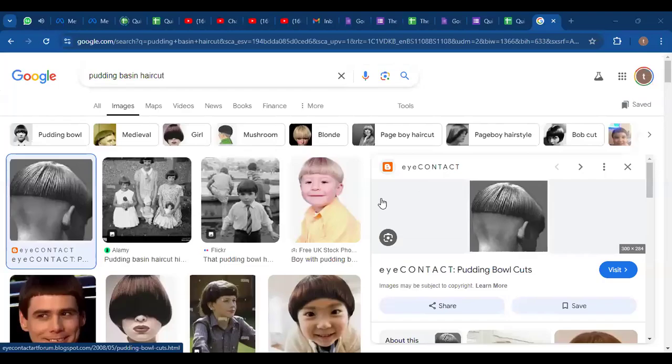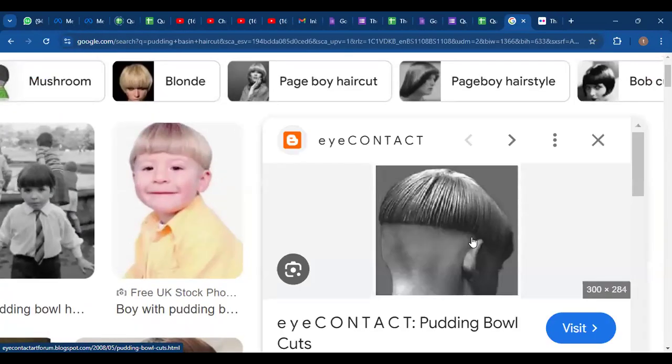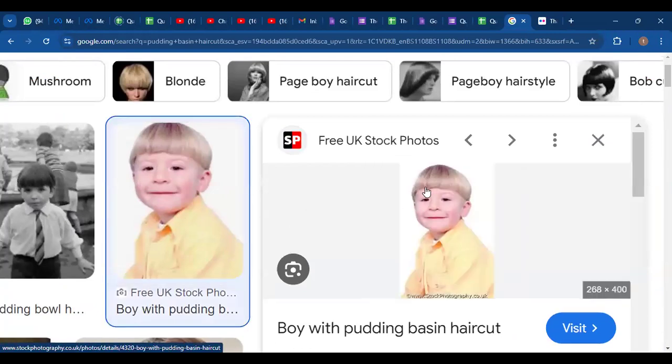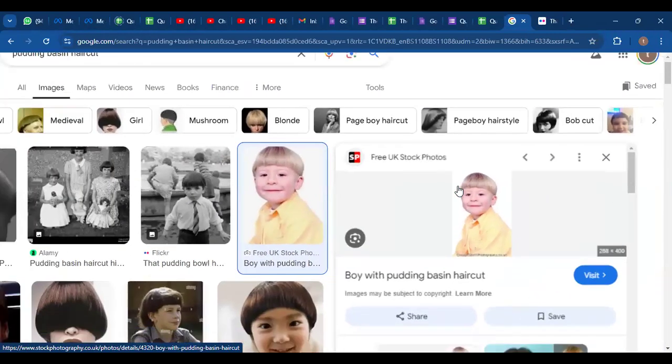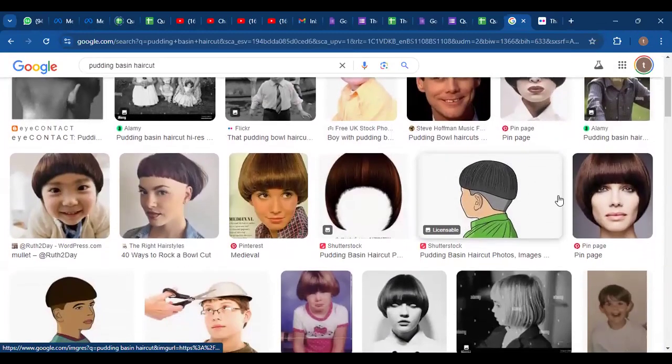So this is a good one. As you can see from this one, this is the putting basin style. You see it? It's as if you use a bowl to cut your hair, right? Those are bowl cuts. Yeah, I guess you could call it a bowl cut.